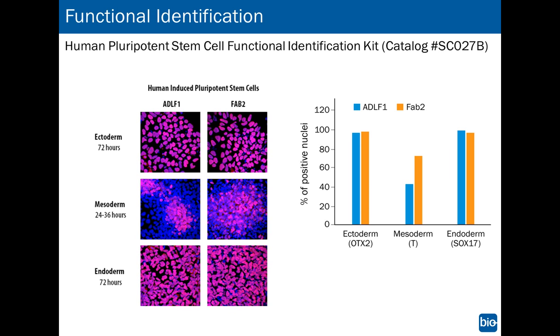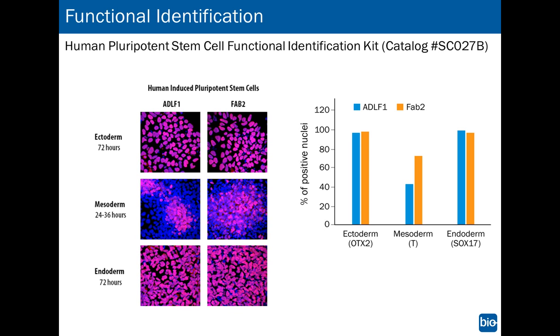And this slide shows some data from 2 different induced pluripotent stem cell lines that we developed in-house that were assessed for pluripotency using this kit. And you can see different staining for ectoderm, mesoderm, and endoderm here. But I think a really important point about this kit is that it helps standardize the pluripotent assessment of your stem cells.